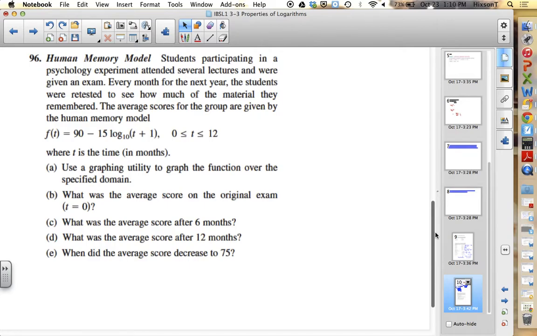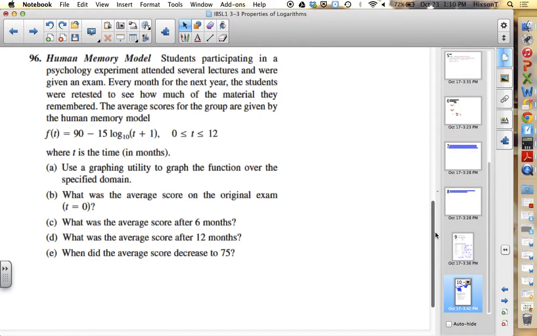We have students participating in a psychology experiment, attended several lectures, and were given an exam. Every month for the next year, the students were retested to see how much of the material they remembered. The average scores for the group are given by the human memory model, 90 minus 15 log base 10 of t plus 1, from t going from 0 to 12, where t is the time in months.